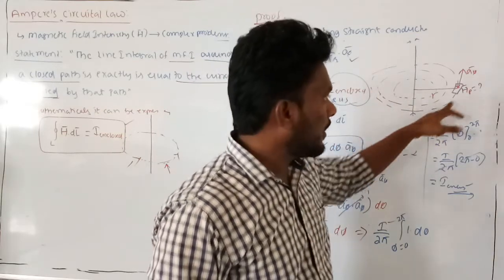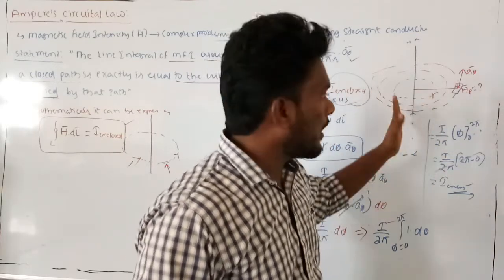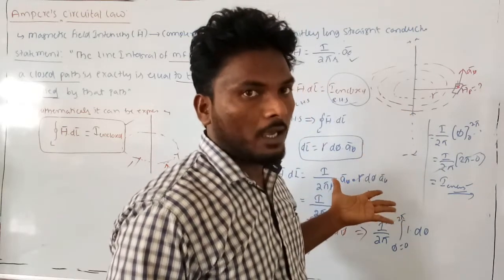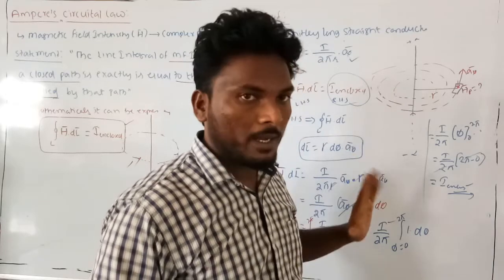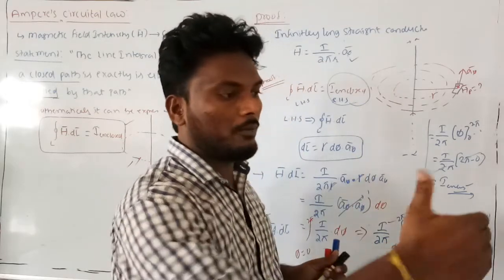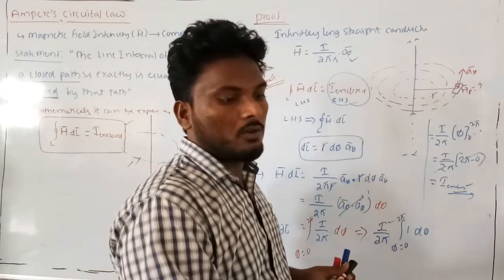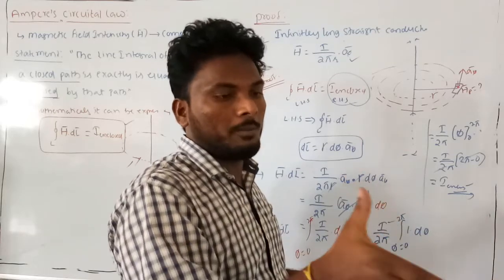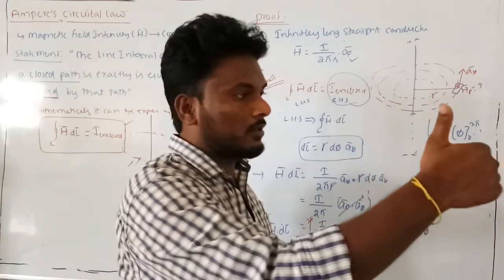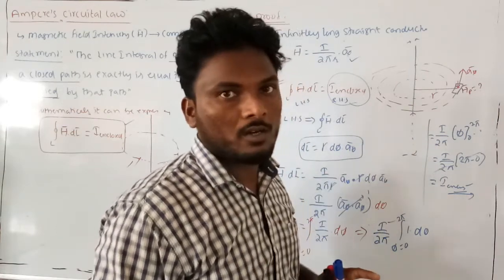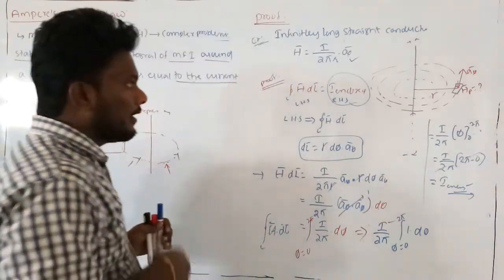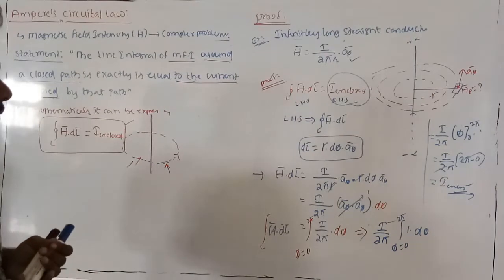This closed path is in a circular direction. Why? Because for a straight conductor, the direction of the magnetic field intensity is determined with the help of the right hand thumb rule. According to the right hand thumb rule, the thumb shows the direction of current and the curved fingers show the direction of the magnetic field, which is in a circular path. So that's why the circular path is called the Amperian path.